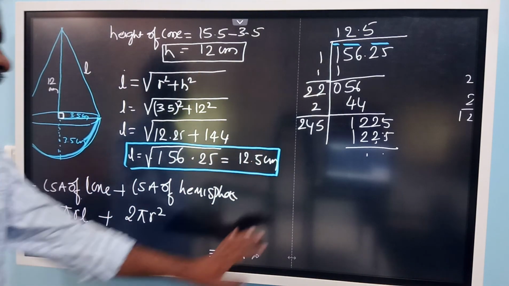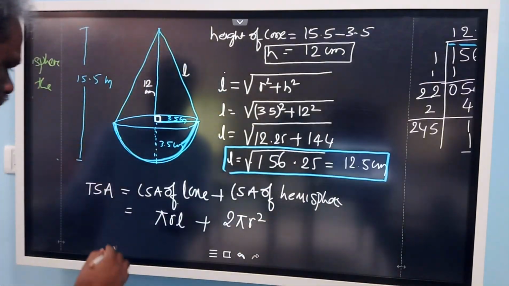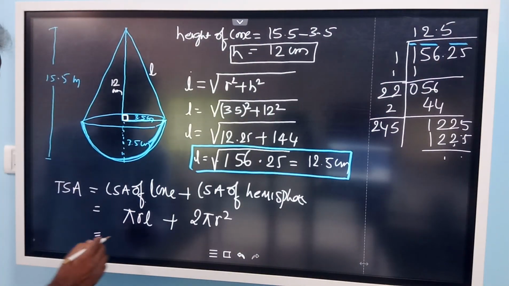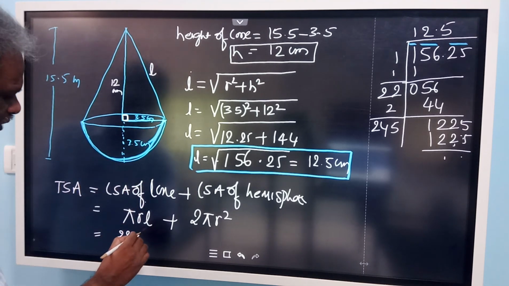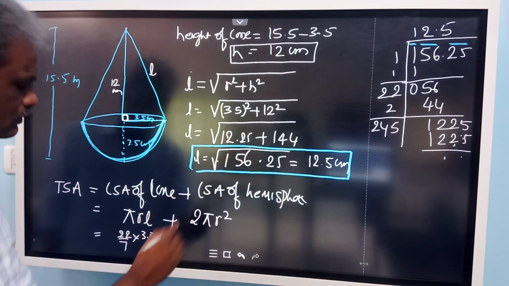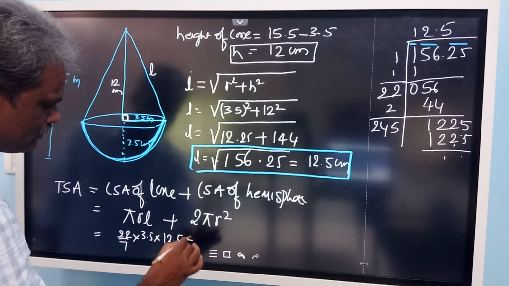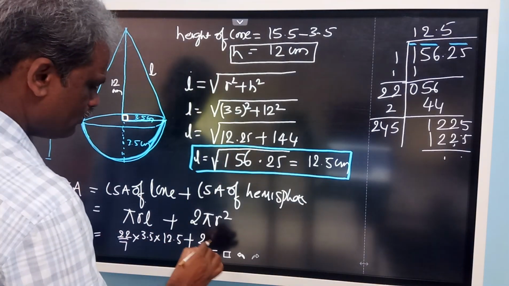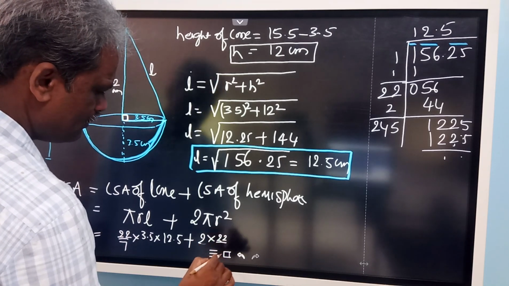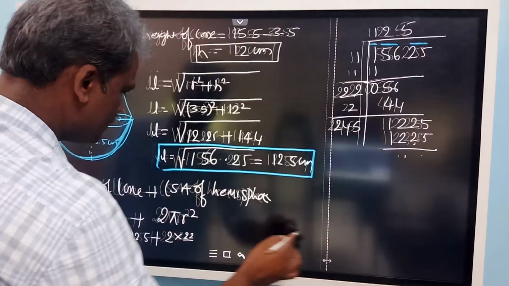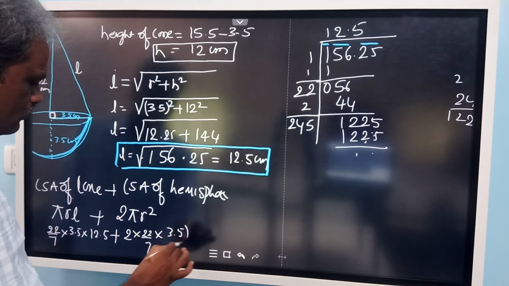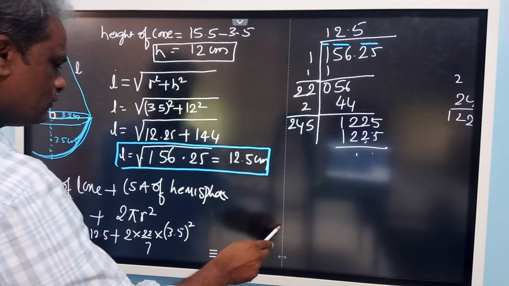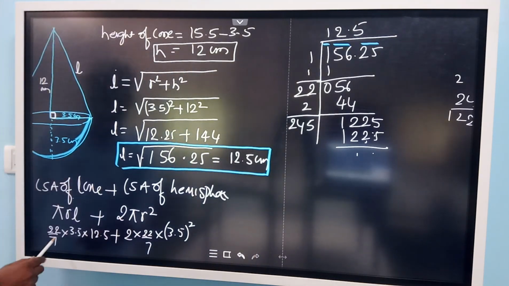So you can substitute in the formula. The pi value you can use is 22 by 7, into radius 3.5, into slant length 12.5, plus 2 into 22 by 7 into radius 3.5 whole square. Now simplify this: 7 ones are 0.5s are.